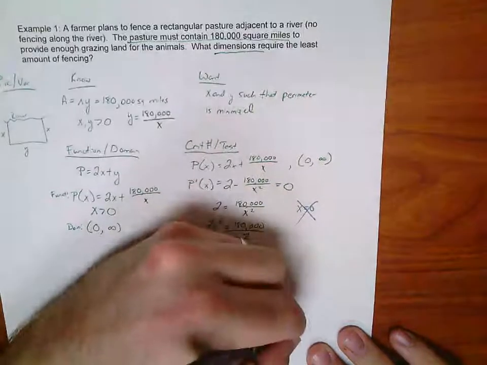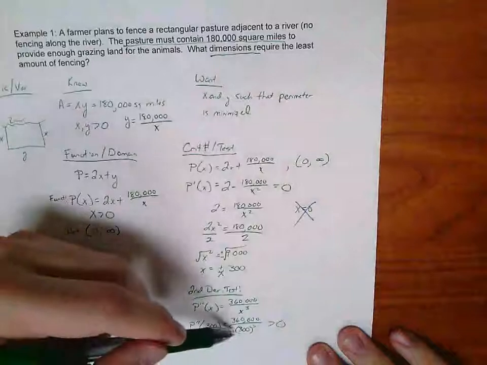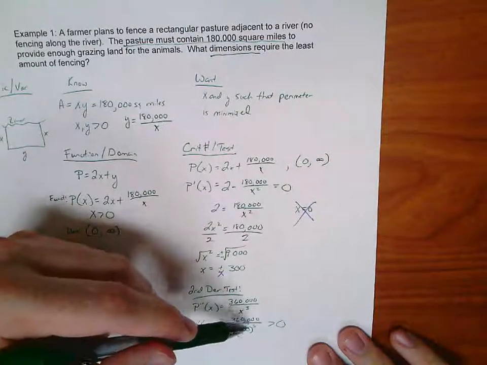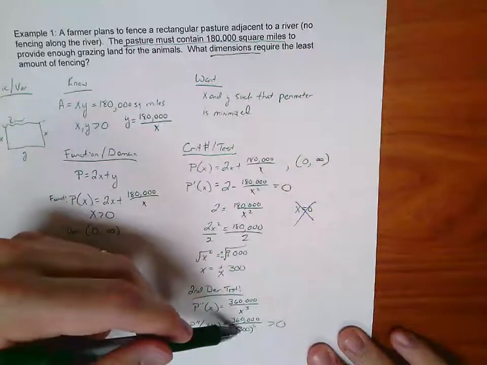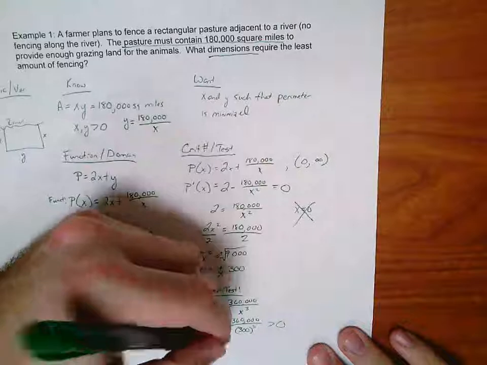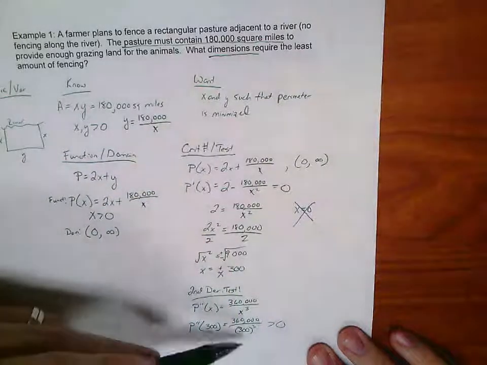That's certainly going to be greater than 0 because 300 is positive, so 300 to the third power is positive, and a positive divided by a positive is positive. So our second derivative evaluated at 300 is greater than 0.